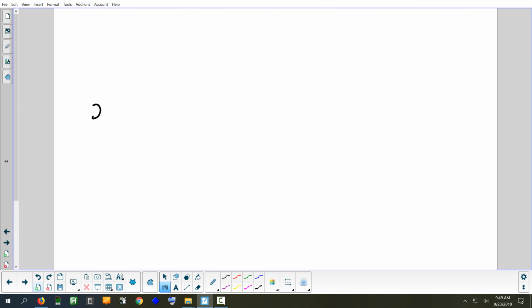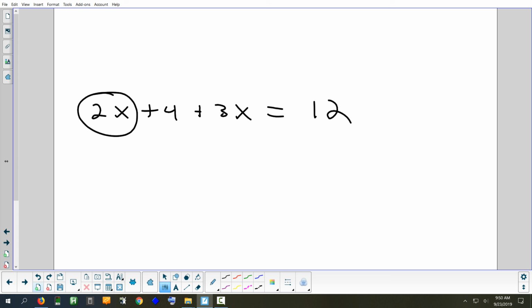Let's say you had 2x plus 4 plus 3x equals 12. Combining like terms just means to take what you have and put it together. You're not doing opposite operation. In a problem like this, the correct thing you want to do is combine a positive 2x and a positive 3x.